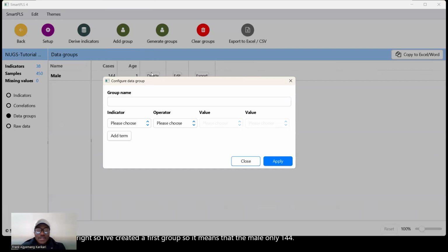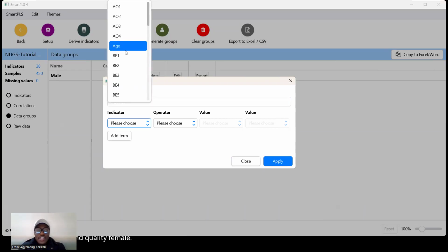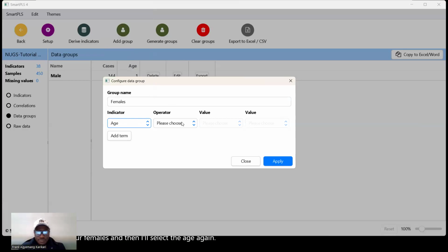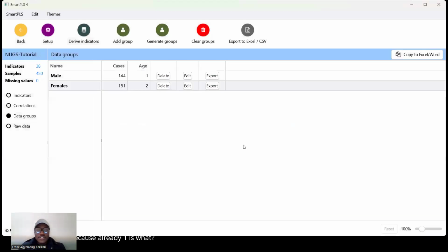And I can create another one as well and call it female, or females. And then I'll select the age again, and I'll choose equal to. In this case, it's going to be 2, right? Because 1 is already male. So we have about 181.